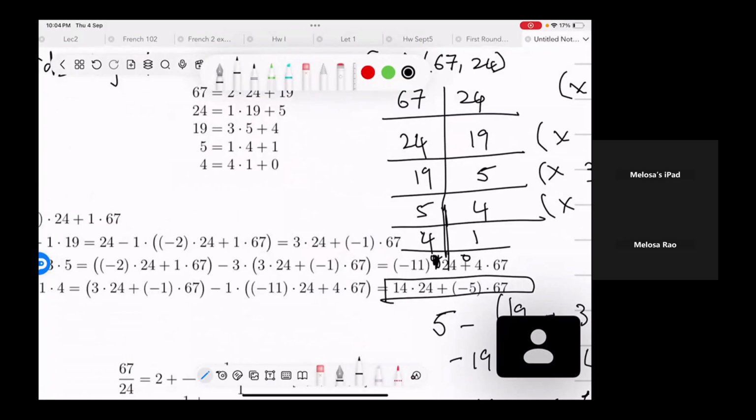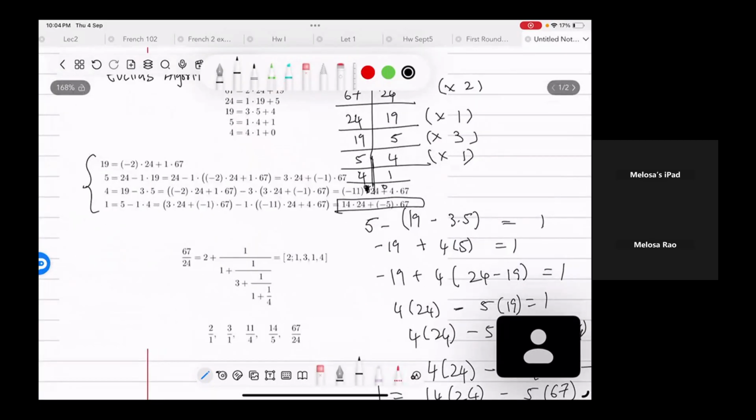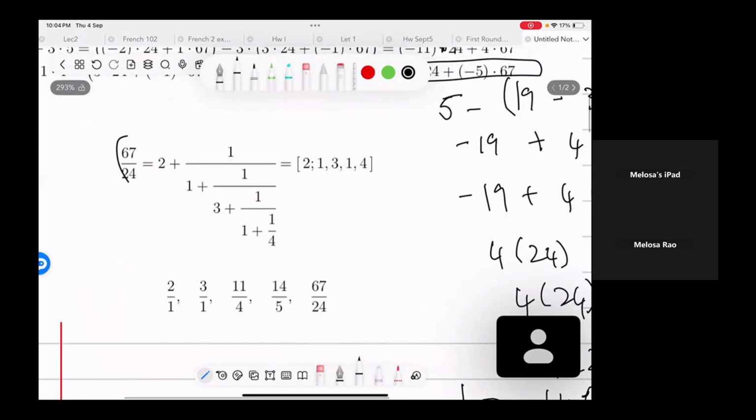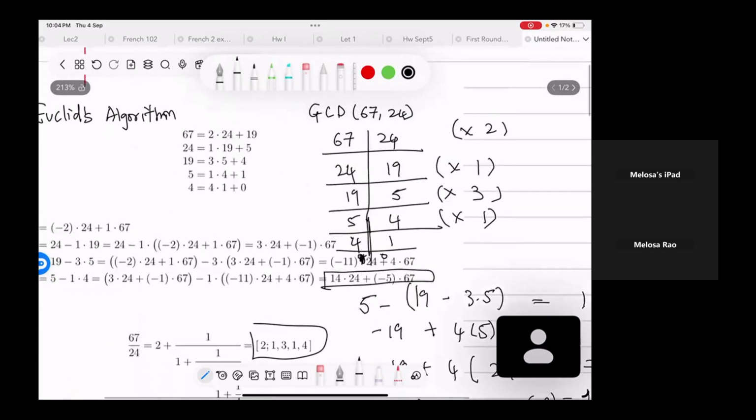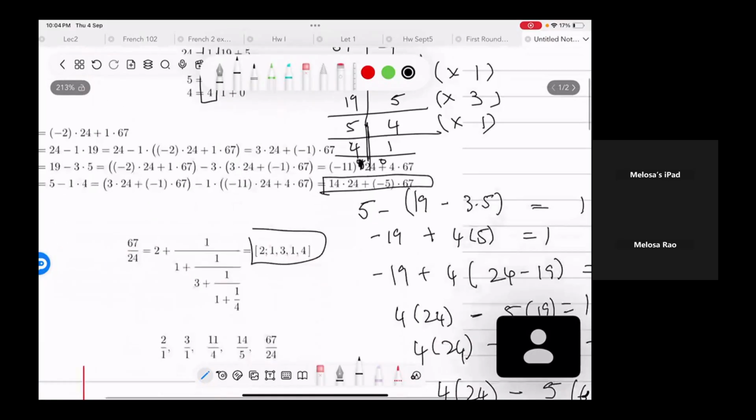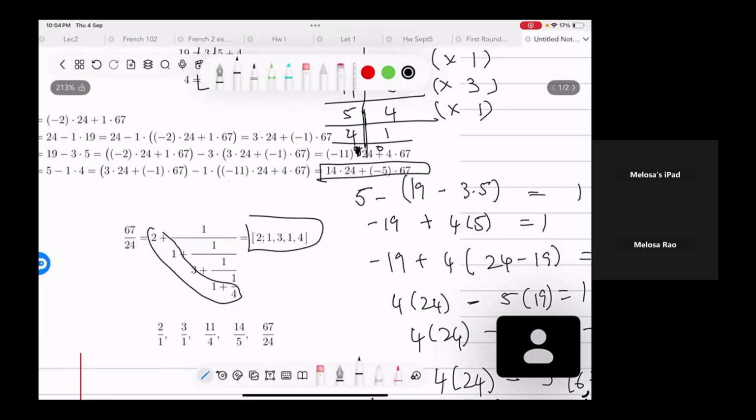Let's see what we can do next. So this is 67 and 24 written as a continued fraction. And we can observe that these numbers that appear here in these brackets are also the quotients that we got above. They're right here.